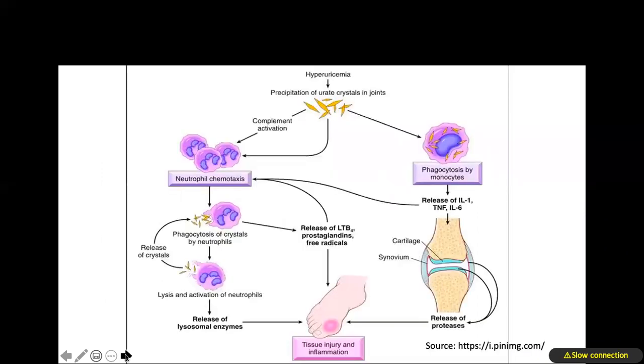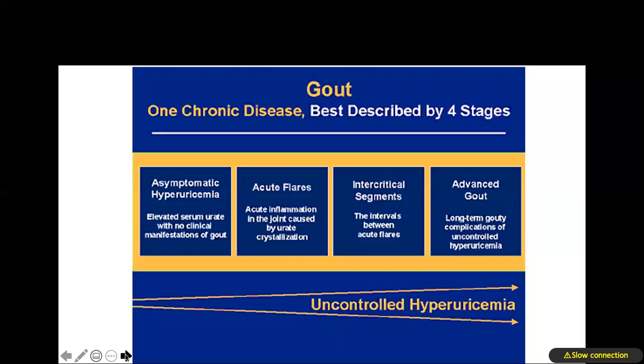And these crystals are very inflammatory. They attract the neutrophils and they are phagocytosed by the neutrophils, and there is release of those lysosomal enzymes I talked about, and a very profound inflammation happens. So gout is a chronic disease, and as I told you, it has 4 stages.